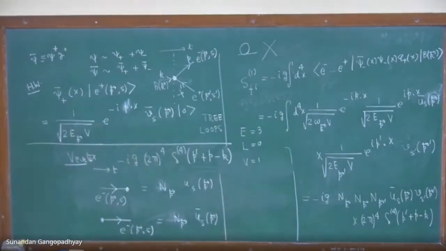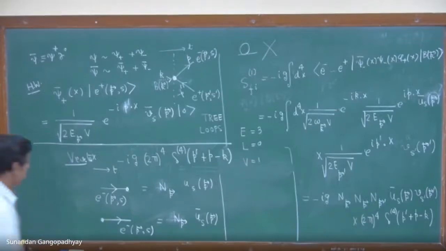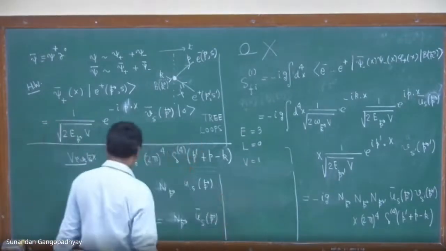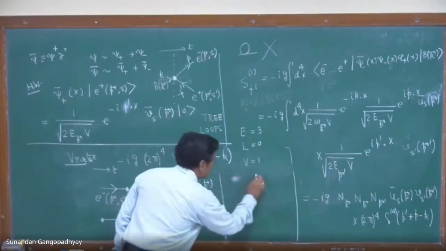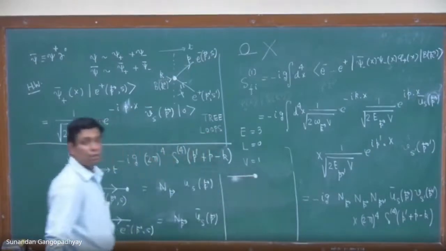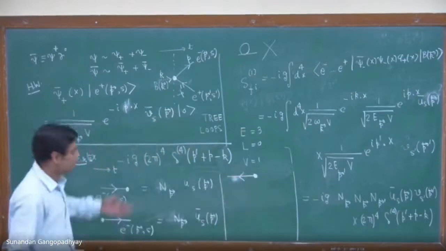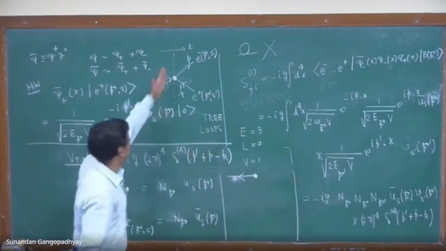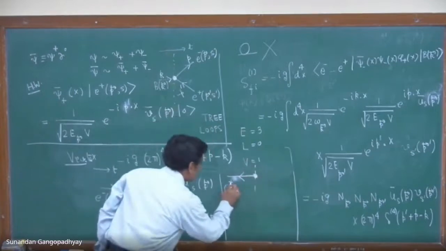So now these are the rules for the external lines for the fermions. Now for the positron, it will be something like this. Let me first draw the annihilation. So what will happen? Positron annihilation. Again, this is the direction of flow of time. On the left hand side of this line, positron annihilation, so this is e plus with spin s.